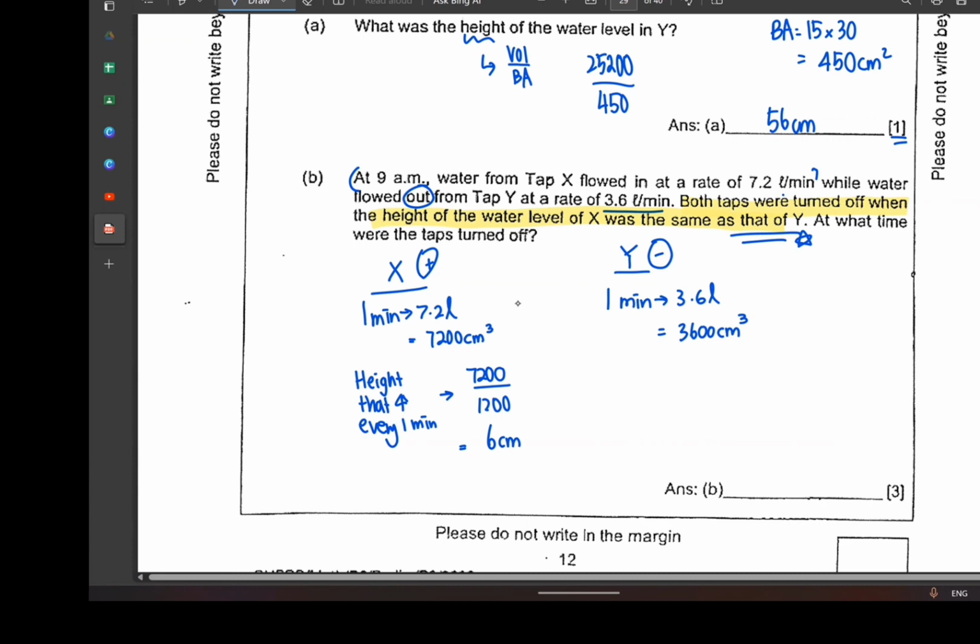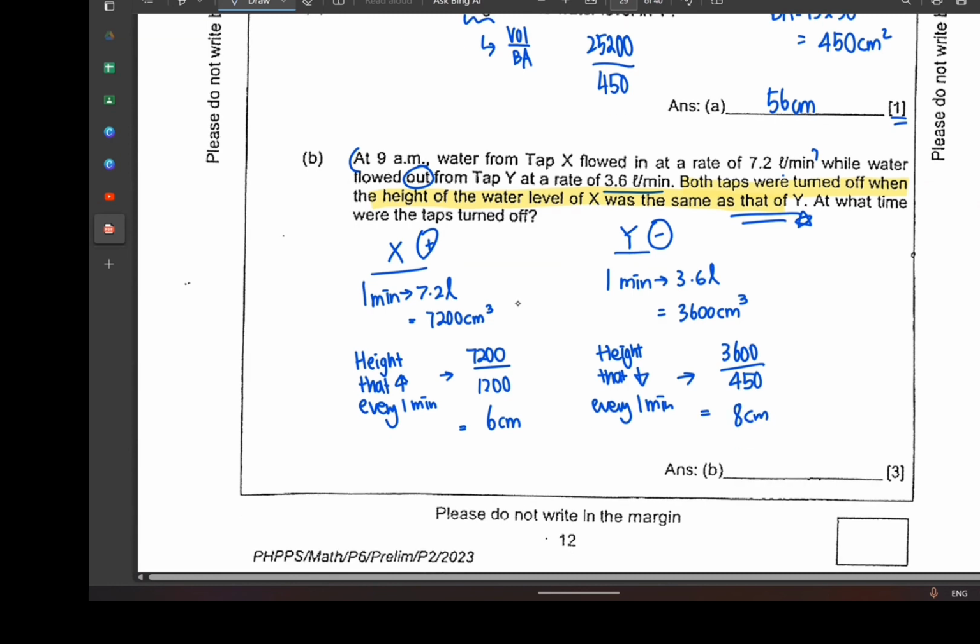For Y, same thing, we find the height that decreases every 1 minute. We do 3,600 divided by the base area, which is 450, and we get 8 centimeters. So this is the height that will decrease every minute for Y.